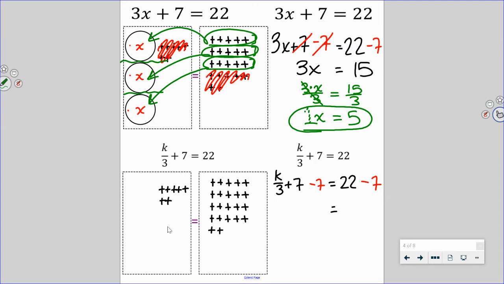You could even check it pictorially by drawing $5 bills or 5 plus symbols in each and adding the 7. And if you have 5, 10, 15 plus 7 is 22, you will notice that they are fair. Okay, now let's go on to something that I think is a bit more challenging to understand conceptually.